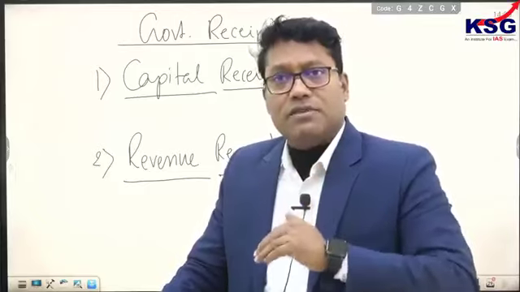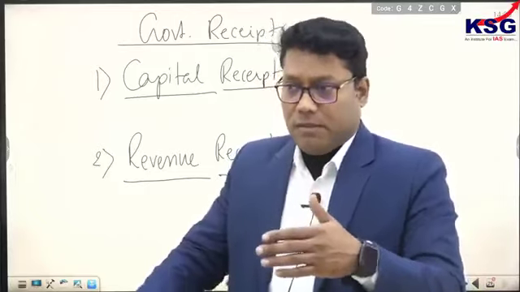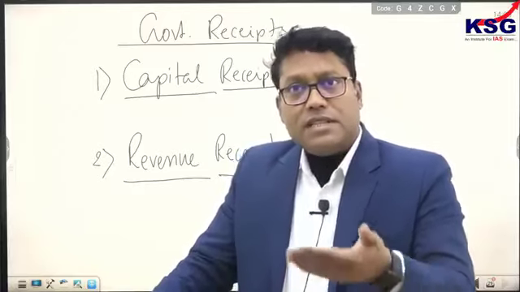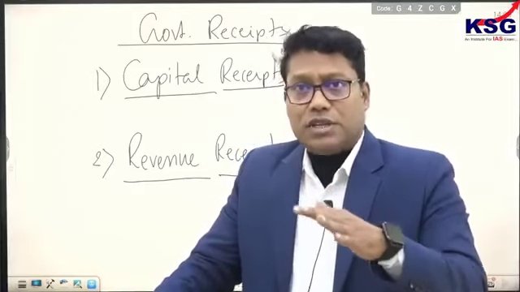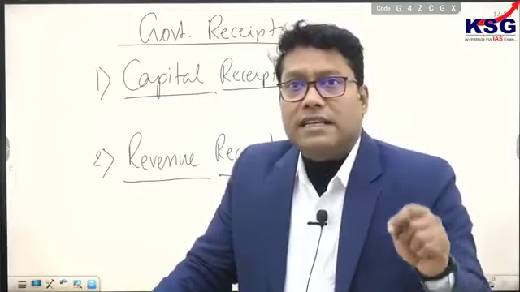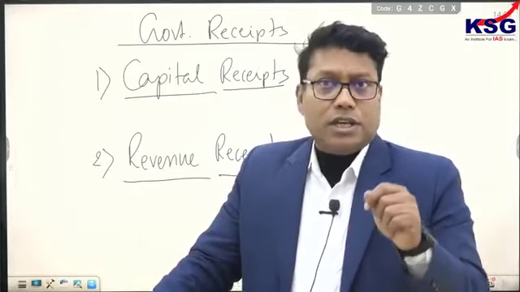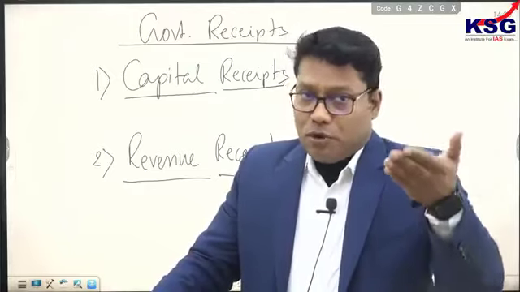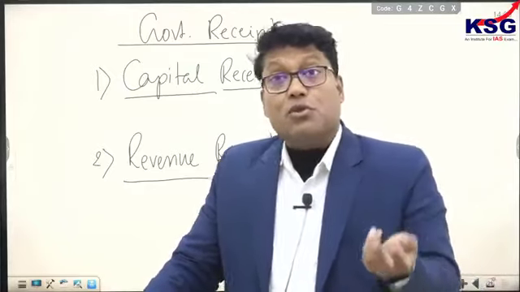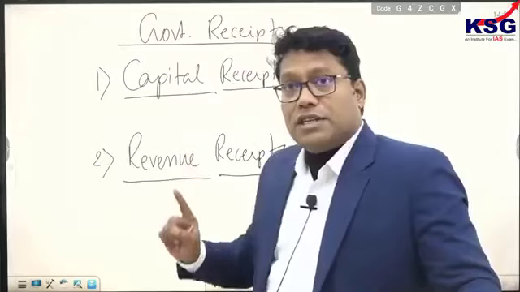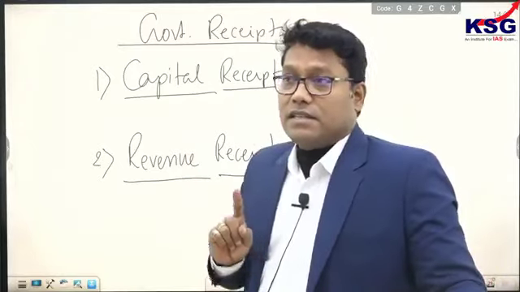In future, are you going to claim it back? The government receiving these taxes does not decline any liabilities or any assets, so it is not related to assets and liabilities. I'm not decreasing my assets and I'm also not increasing my liabilities because I'm not borrowing. So money received by the government that is not related to assets or liabilities is part of revenue receipts.